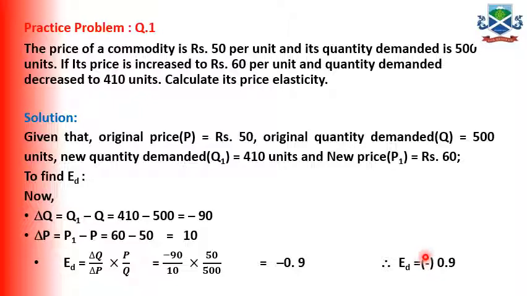So your answer definitely comes with a minus. The ED value, the price elasticity of demand, always comes as a negative answer, and even if you do not write it, you can simply write 0.9, that answer is also correct. So we can ignore it, but when we solve the problem, we have to put the negative sign for the ED value, otherwise your answer will be wrong.